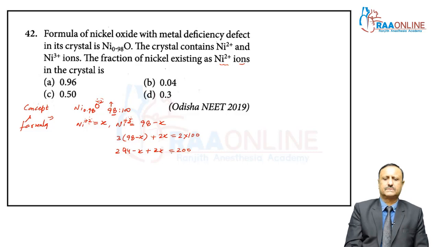Here, my dear students, what is the X? The X is equal to 94, because you can calculate this X. This is the 294, because 98 multiplied by 3, you can get 294.